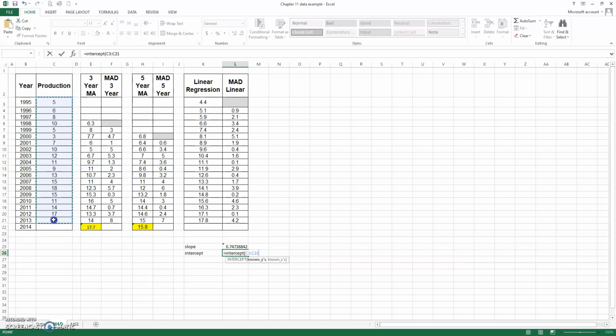There is the intercept. Using that equation, we can develop our predicted value. The intercept plus the slope times the year 2014 gives us this value here. There are going to be some rounding differences with this value. If you round it slightly differently, you might get a value closer to 18, for example. So these are the 3 predicted values.